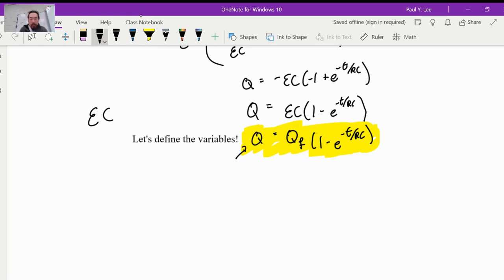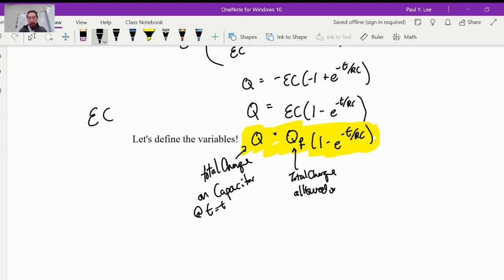So this Q is going to be the total charge on the capacitor at time t. That could be any time. It could be time 1 second, 2 seconds, infinity seconds, whatever that time is. This QF is the total charge allowed on the capacitor, so that's max charge.